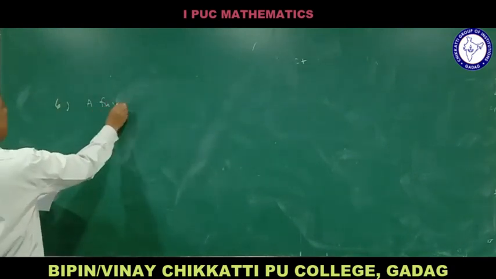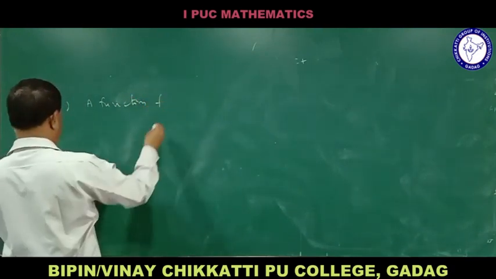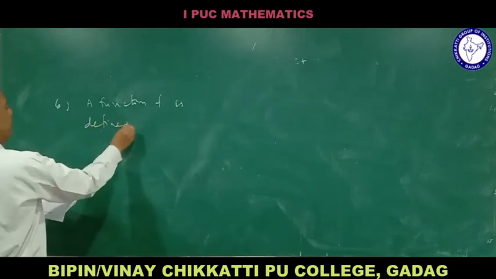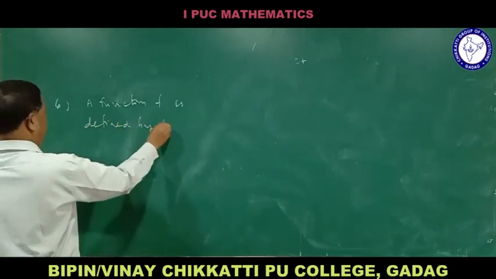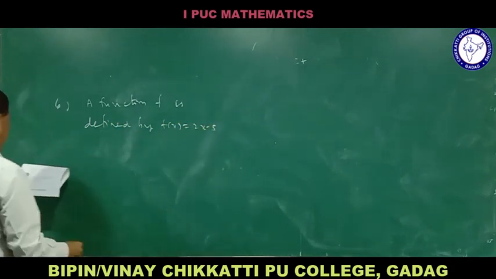A function f is defined by f of x is equal to 2x minus 5.